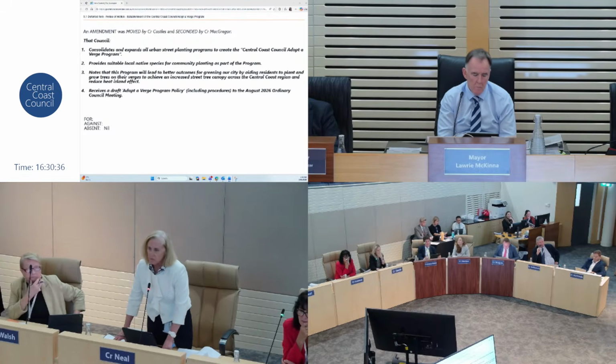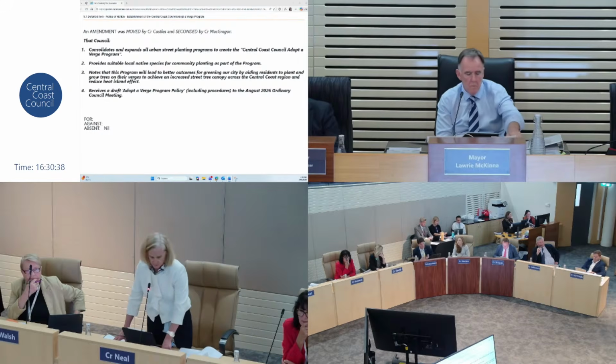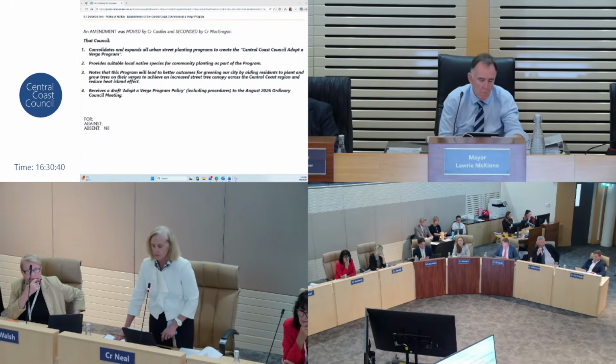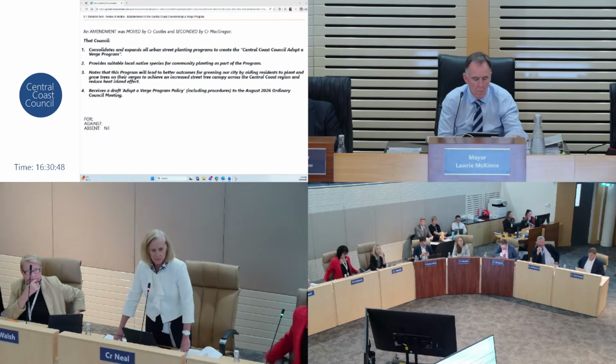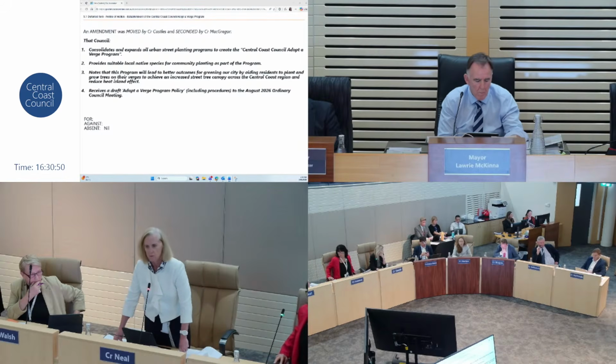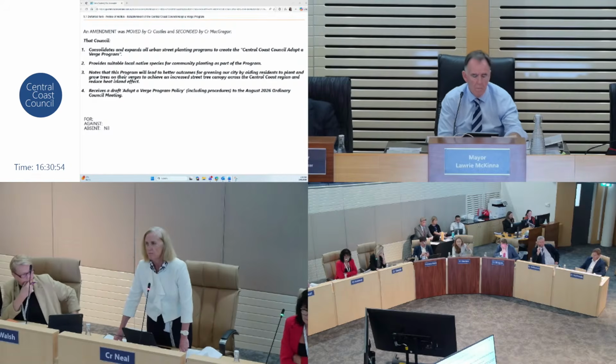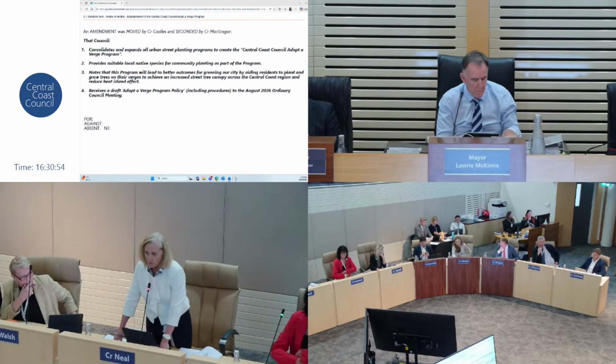This money spread around the Central Coast is to be handed out as free trees. Now, there's nothing wrong with handing out free trees. I don't oppose that. What I do oppose is the fact that that money is being taken from a much more critical program that has been debated multiple times since our election to council.